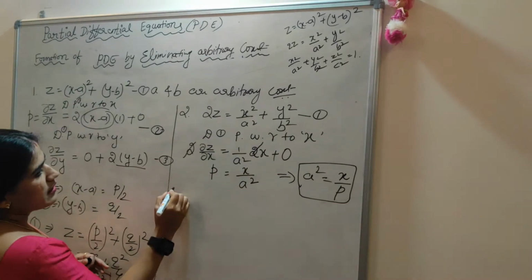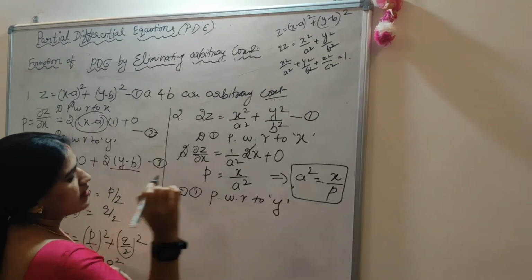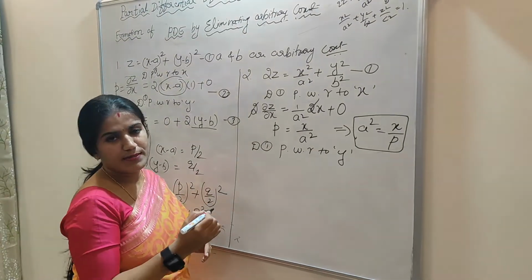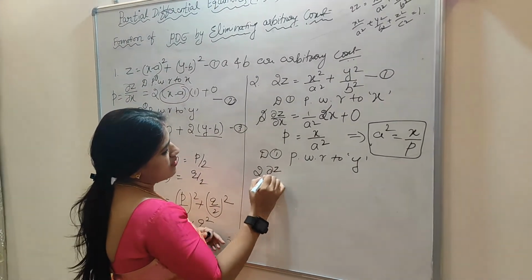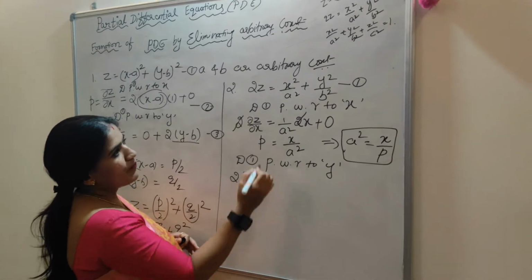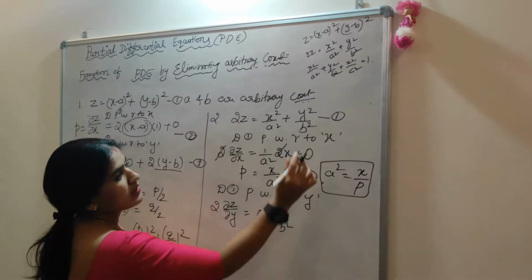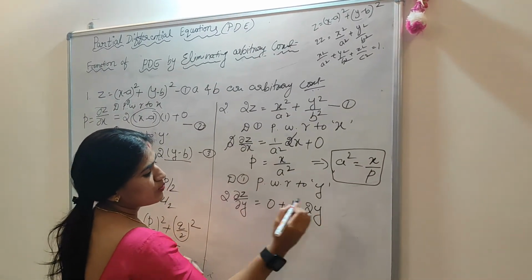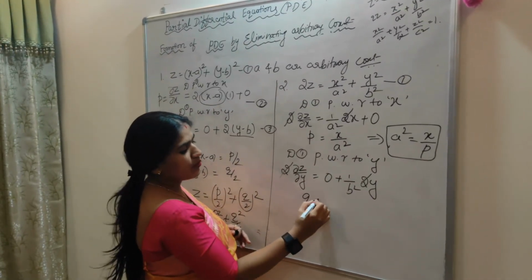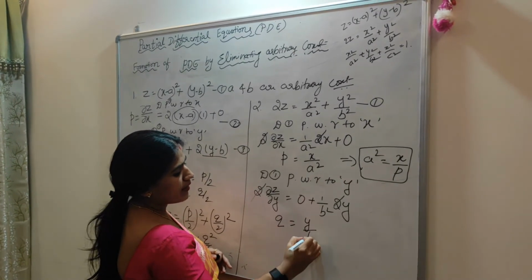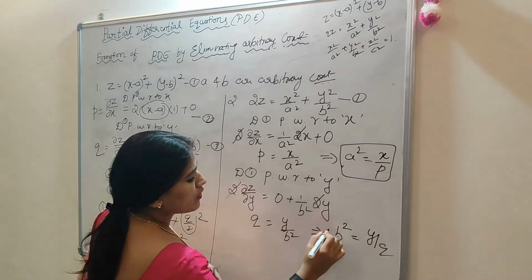Similarly, differentiating equation 1 partially with respect to y, treating x as constant, 2 into dou z by dou y is equal to x square and a square both constant, so 0, plus 1 by b square constant, and y square differentiation is 2y. Now 2 gets cancelled. Dou z by dou y means q, so q is equal to y by b square, otherwise b square is equal to y by q.